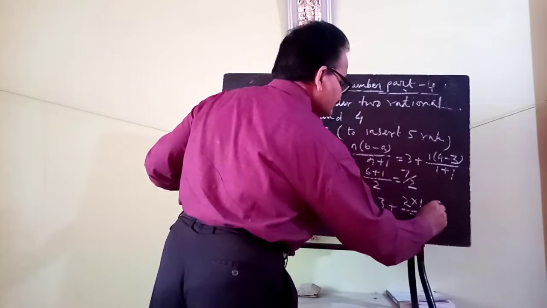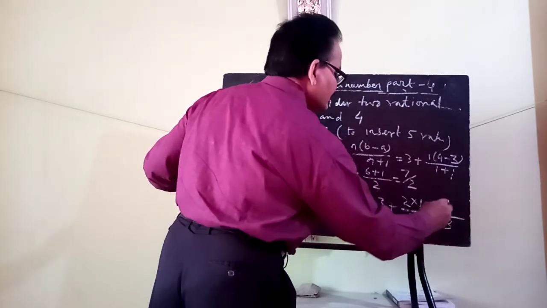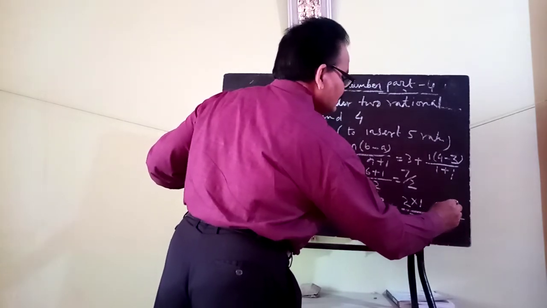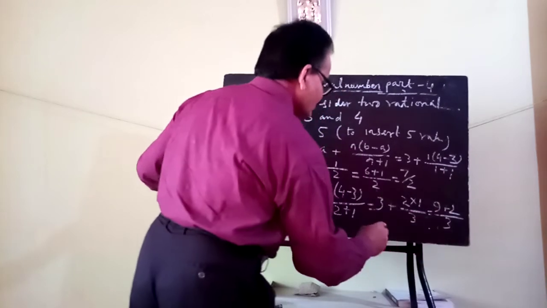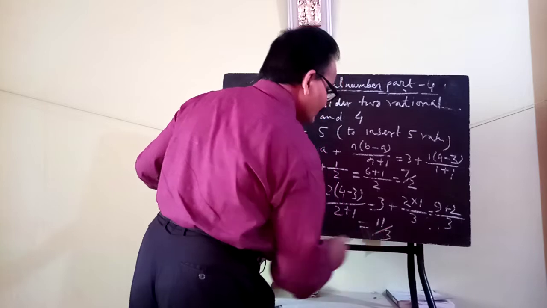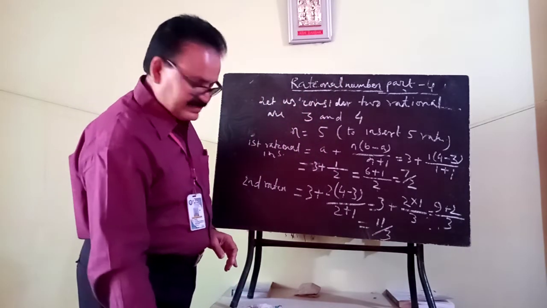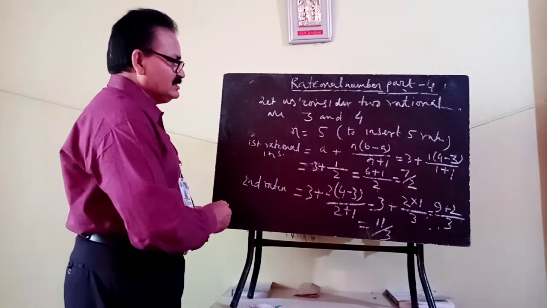Take LCM, LCM is 3, that means here it is 9 plus 2, so this is your 11 by 3. This is your second rational inserted.